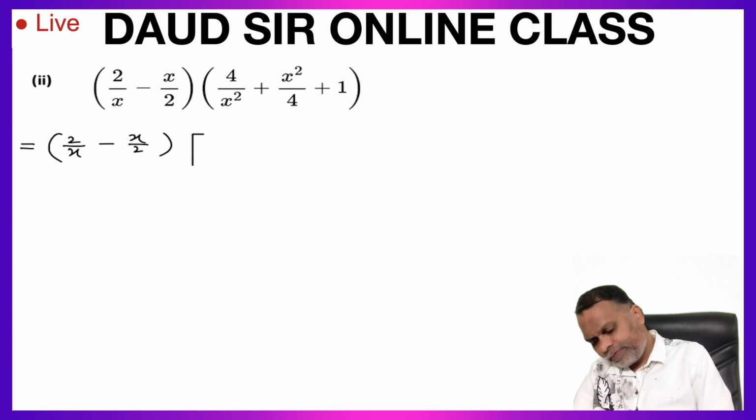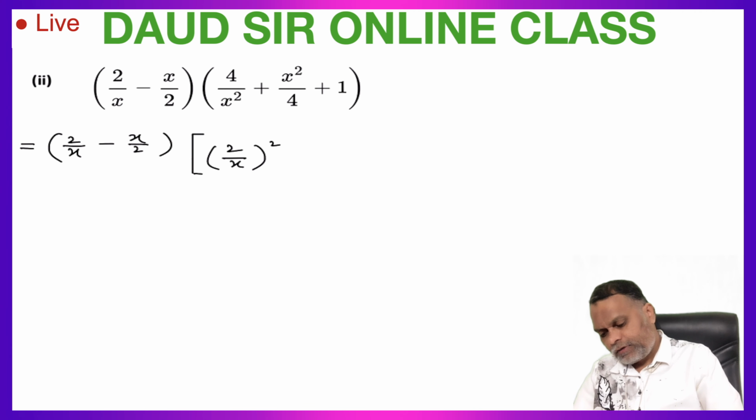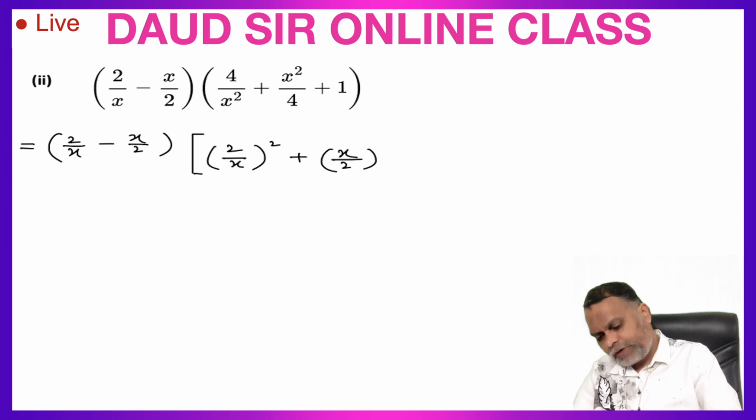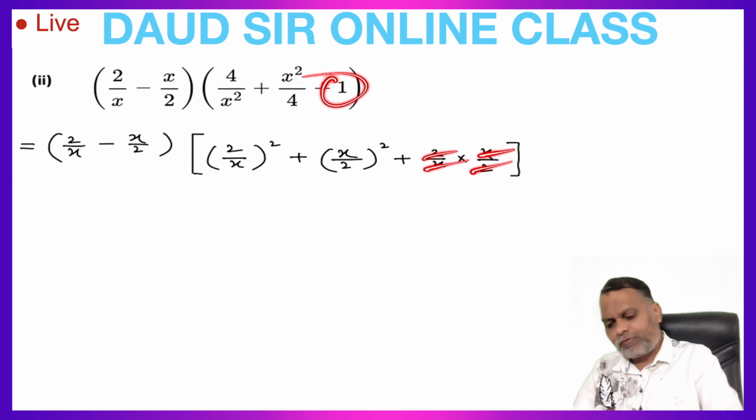In second bracket, 4 upon x square can be written 2 upon x whole square plus 2 upon x into x upon 2 plus this x square upon 4 can be written x upon 2 whole square, and this plus 1 we can write this 2 upon x into x upon 2. This x will be cancelled and 2 will be cancelled, so we will get this one.